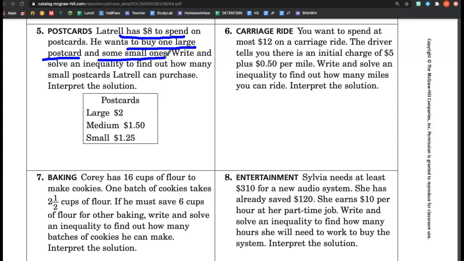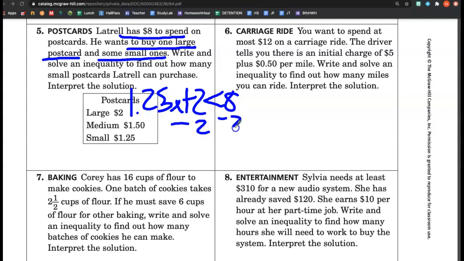So your problem would be 1.25x plus 2 is less than 8. So then you have to subtract 2, and that'd be 6.